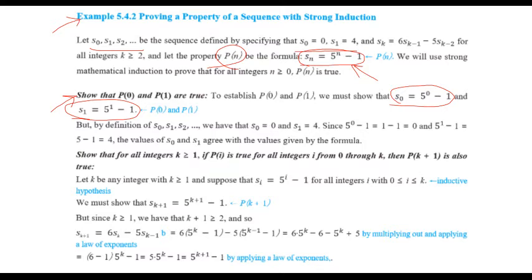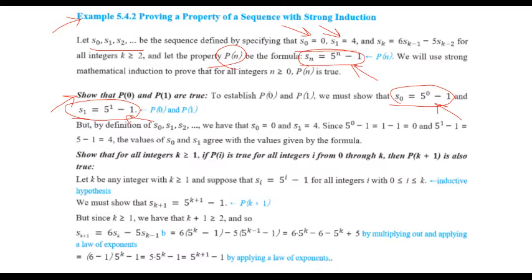If you simplify the right hand side of these two equations, you see that S0 becomes 0 and S1 becomes 4, and that's exactly what we were given by the definition of sequence S. So the basis step is true.